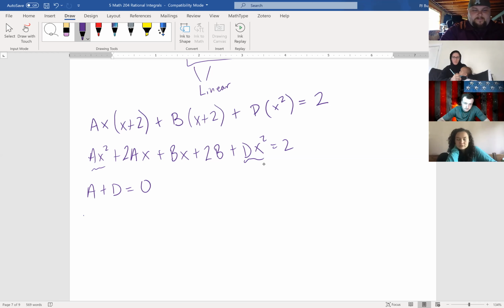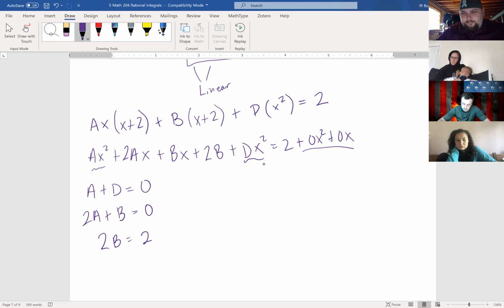X terms, I have 2a plus b. Again, there are no x terms on the right-hand side. If you want, you could write 0x squared plus 0x, if that helps you. And so this also must sum to 0. And finally, we have 2b left, and that must equal 2. So that right off the bat tells me b equals 1.